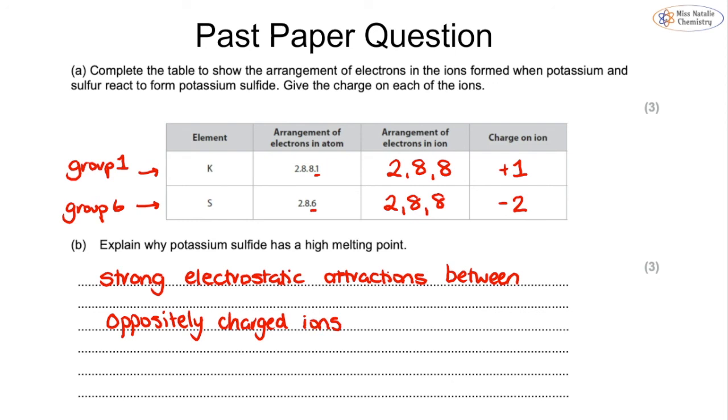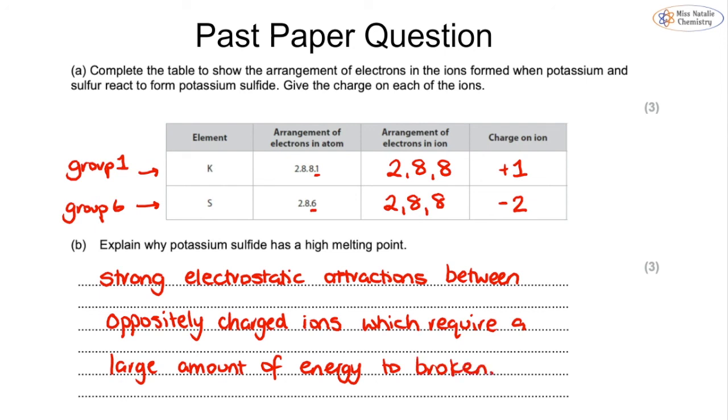So you could either say oppositely charged or positive and negative, which require a large amount of energy to be broken. So because we require that large amount of energy, it gives us a very high melting point. So you would get 1 mark for mentioning the electrostatic attractions between the ions, 1 mark for saying they are very strong, and then the 3rd mark for saying it requires a large amount of energy in order to break.